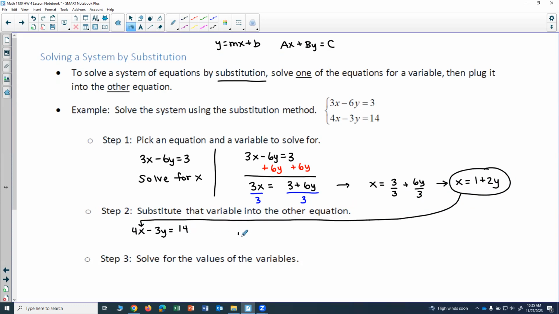And so what I end up with is 4 parentheses. I'm going to write 1 plus 2y instead of x, and then minus 3y equals 14. So I substituted that x equals 1 plus 2y into the second equation.